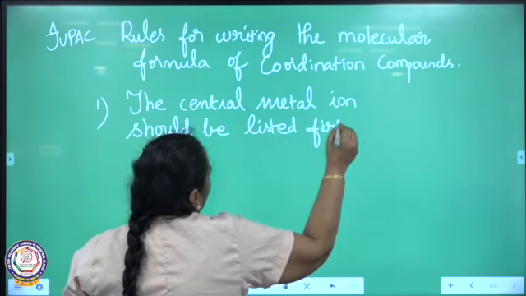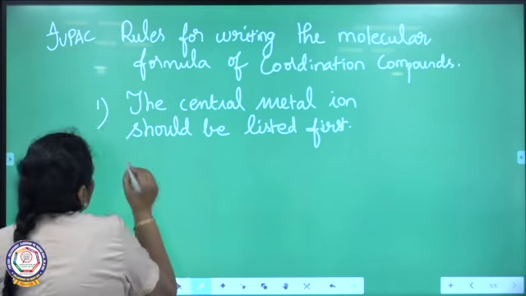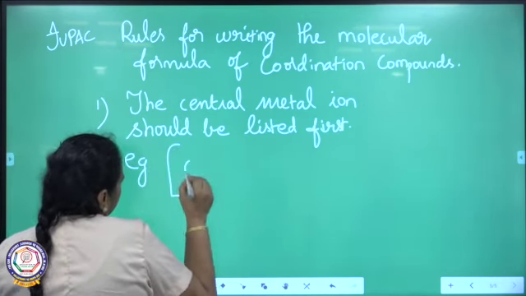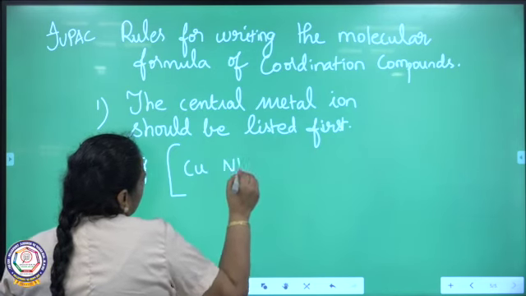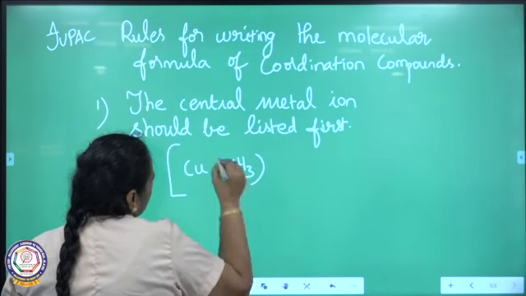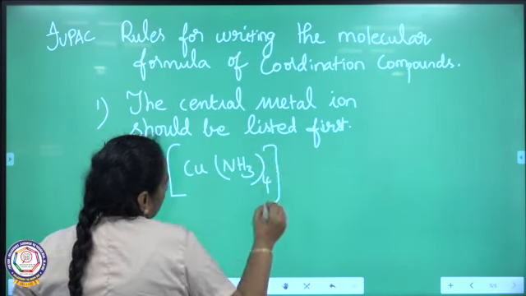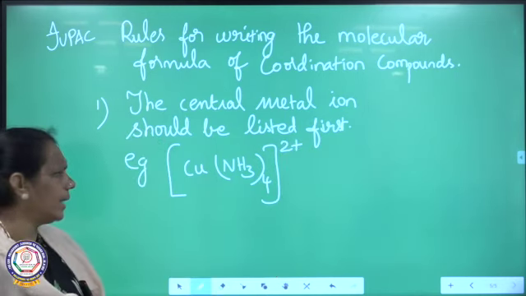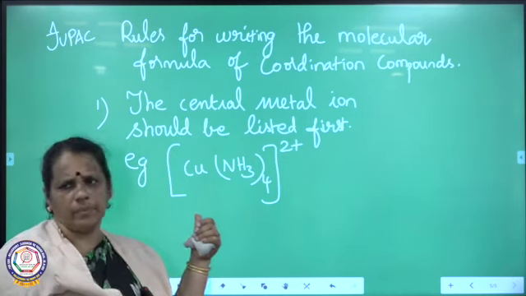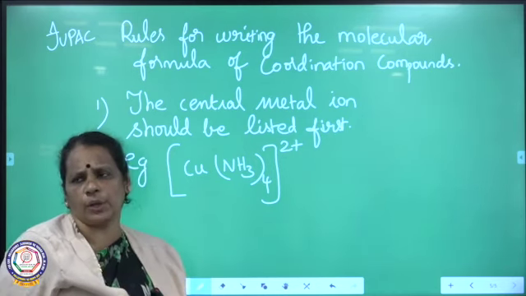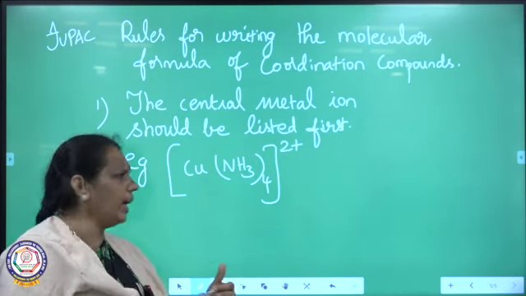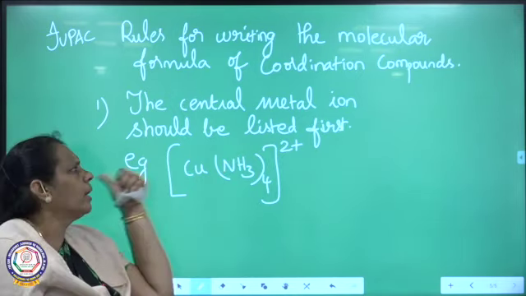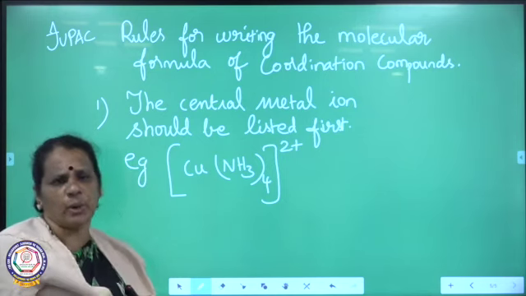For example, a complex is coming like this. So this is one complex. Here the central metal ion is copper, which is bonded with 4 amine molecules, 4 ammonia. So here the first rule states that the central metal ion should be listed first in the square bracket.